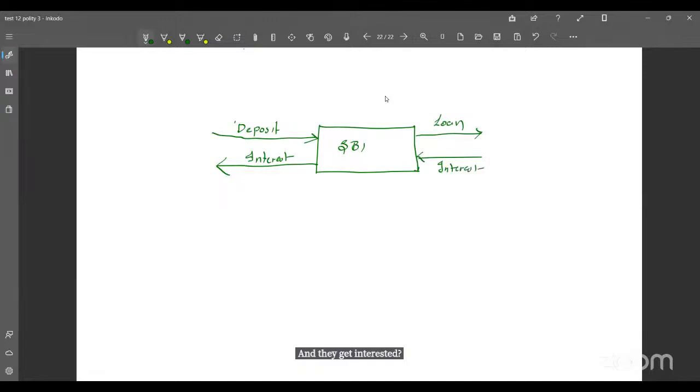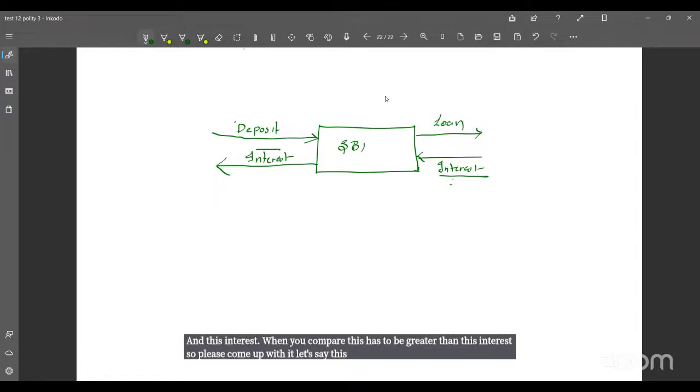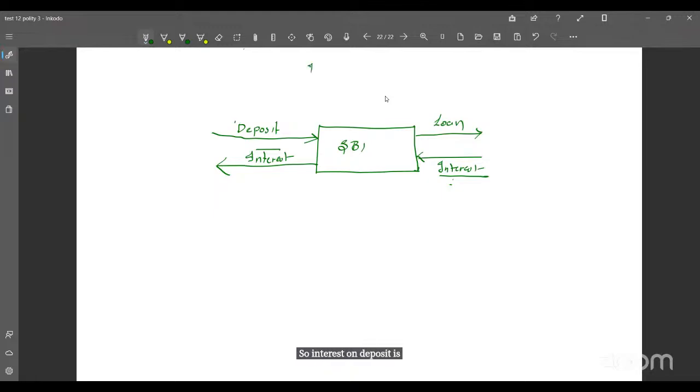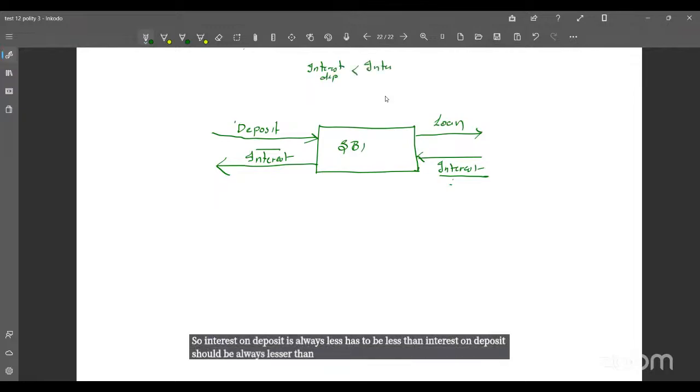And naturally, this interest which they get for the loan, when you compare it with this interest, has to be greater. Let's say this is interest on loan and this is interest on deposit. So interest on deposit has to be always lesser than interest on loan.